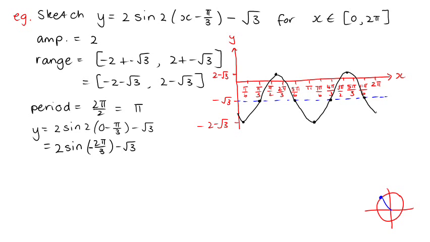If we know that this angle is 2 pi on 3, what's this angle here? It's pi on 3. Pi on 3, we got root 3, we got 1, we got 2. So what's sine of 2 pi on 3?